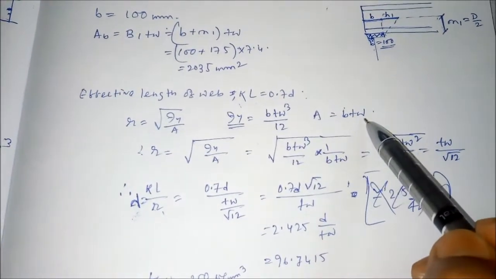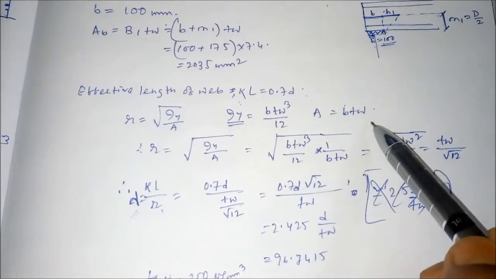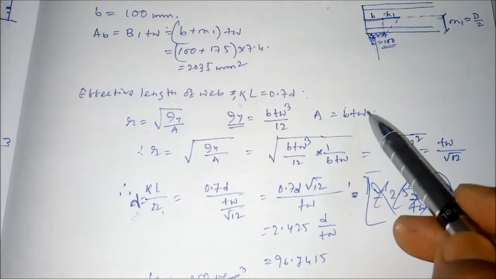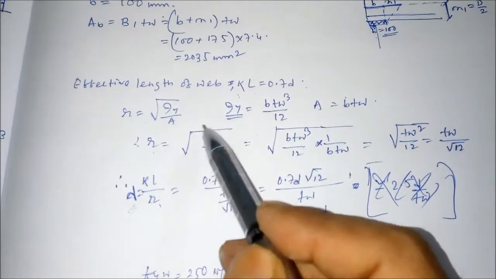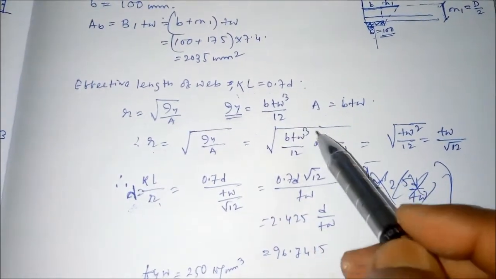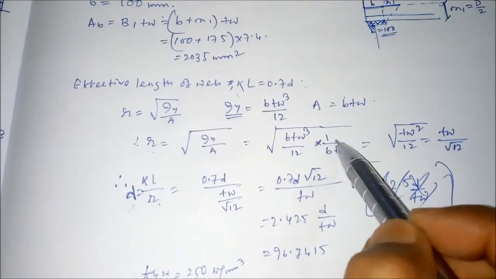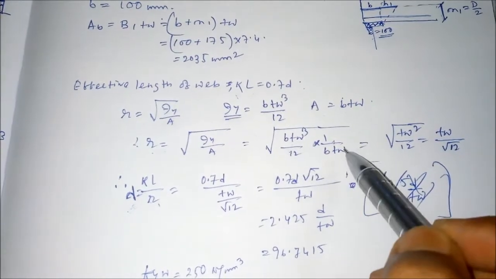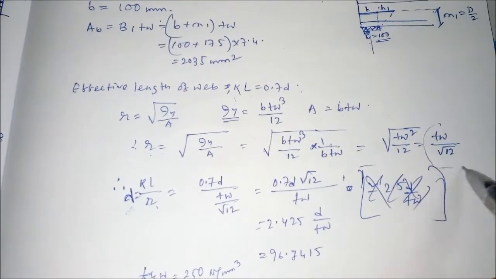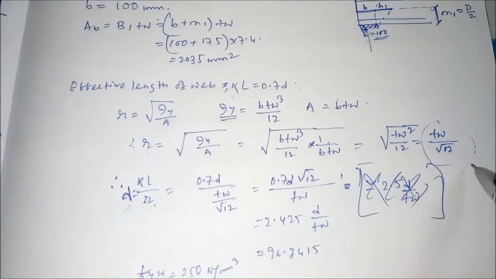Area is B into TW, thickness of web. So R will be equal to root over this. If you put all the values and simplify, you will get this value, that is TW by root 12.